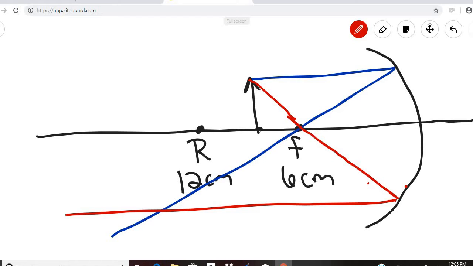So then we look at where these two lines intersect. They intersect right here. So this is the bottom of the image.